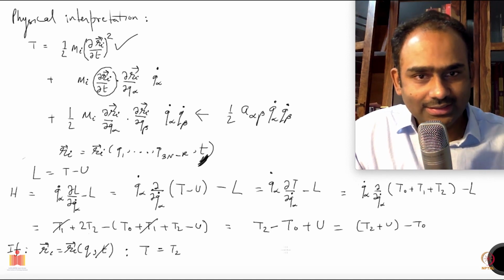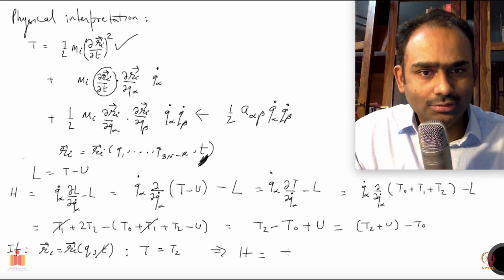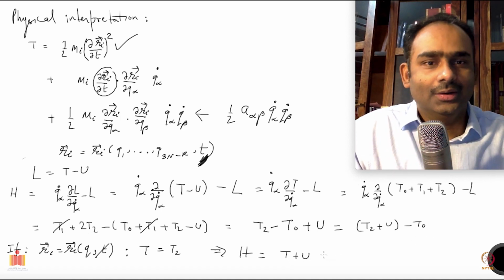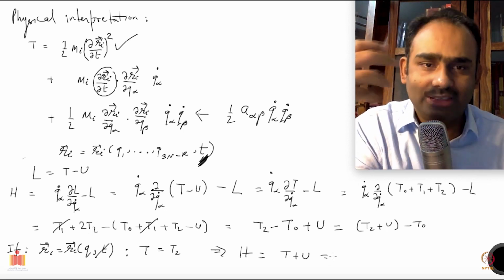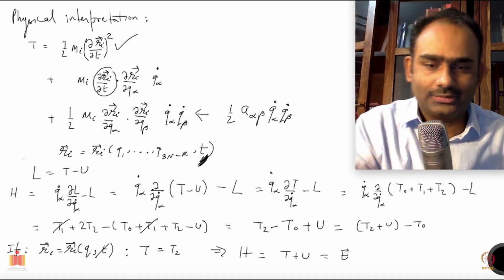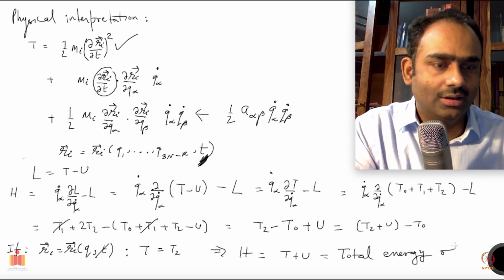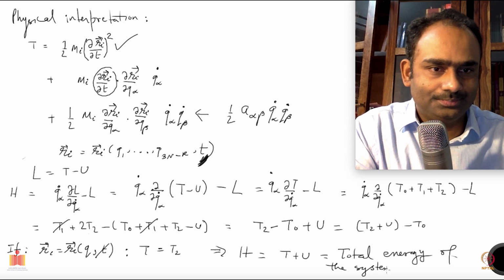If that is the case, then your Hamiltonian will be T2, which is the same as T now, plus U, because T0 is gone and T2 is T. That is kinetic energy plus potential energy, which is the total energy of the system.